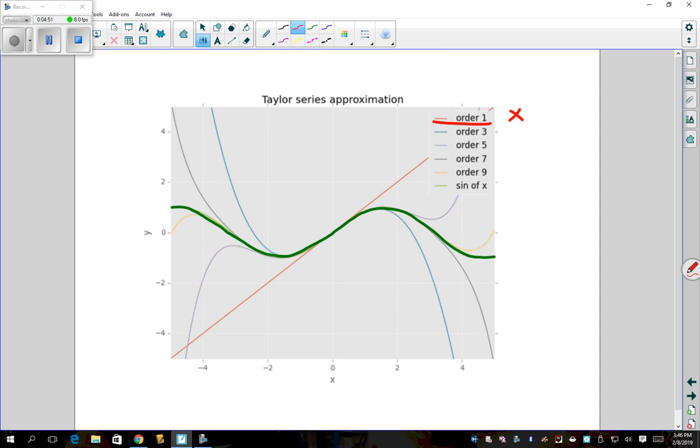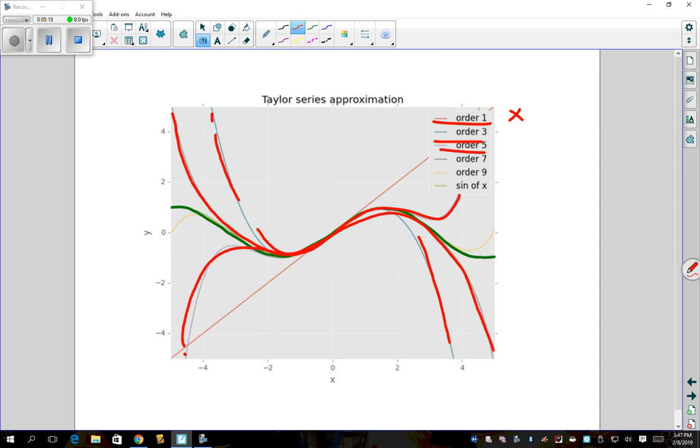Order 3, we're adding 3 different polynomials, and we see the blue, it dips down and starts to get this curly Q shape to it. Order 5, we see the purple. It's beginning to look a little bit more like sine. We have a little bit more wavelengths. We're adding 5 polynomials. Order 7, we're looking pretty darn close. And then by order 9, we are almost there. We have almost all the ridges that sine of x has.